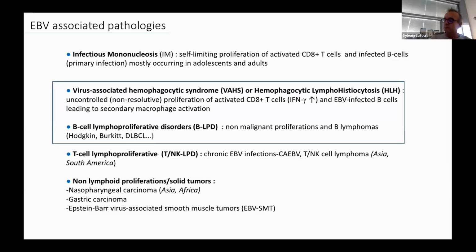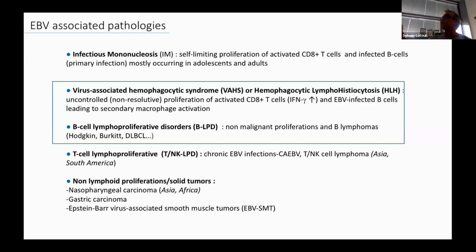And we can distinguish three groups of inborn errors of immunity. Virtually all gene defects impairing T cell function can be associated with susceptibility to develop severe EBV disease, considering the key role of T cells in the immunity to EBV.